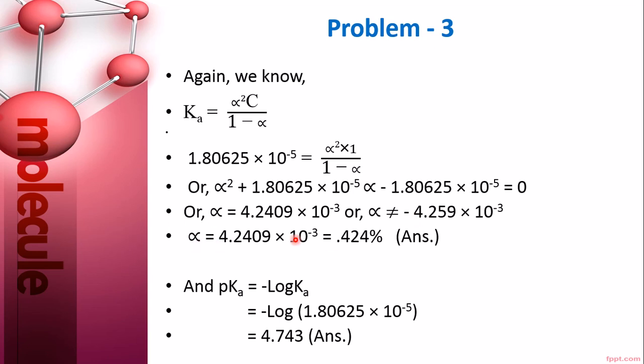So alpha equals this, and from there we get alpha equals 0.424%. And pKa, you know, pKa equals minus log Ka. So you know the Ka value. After putting in this value you get pKa equals 4.743.